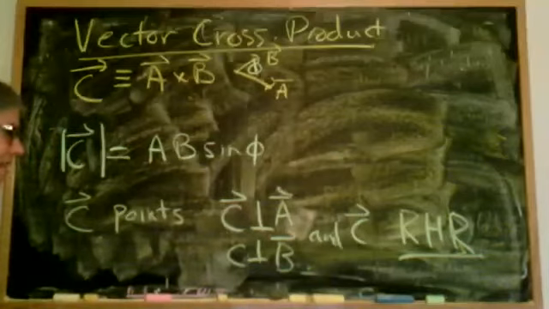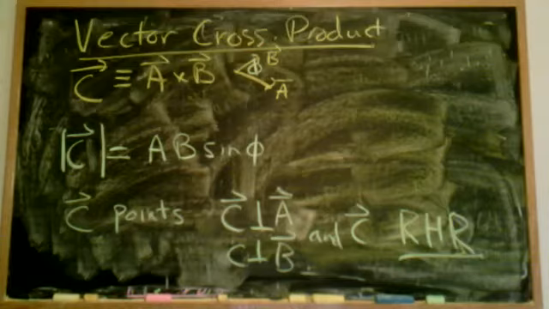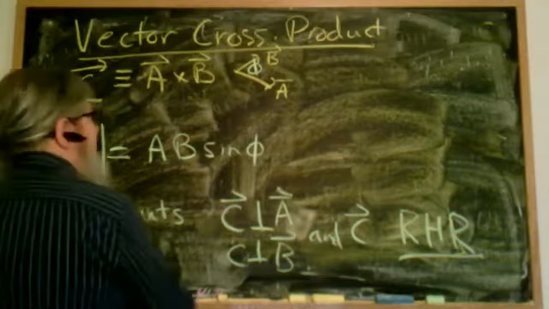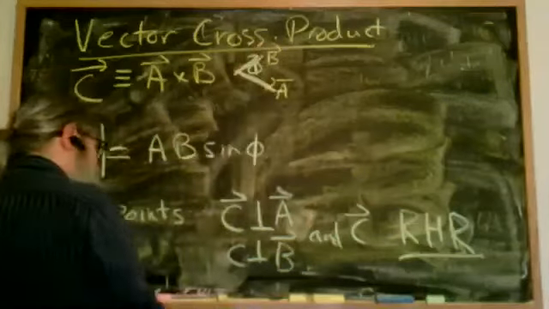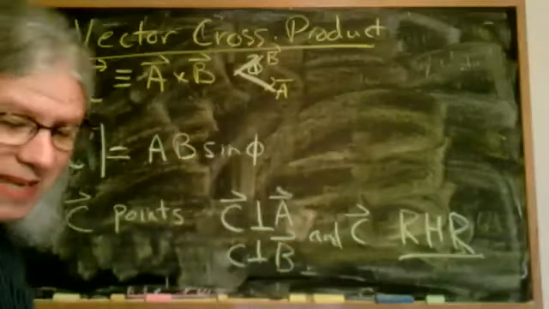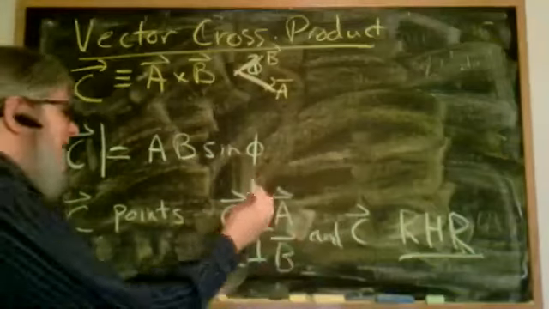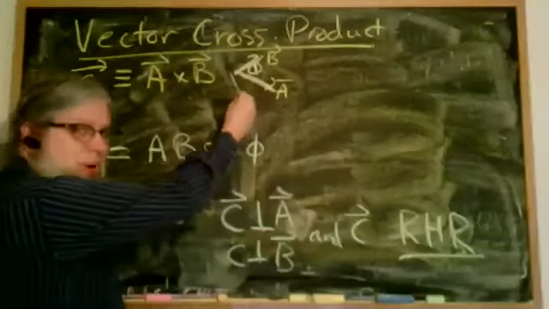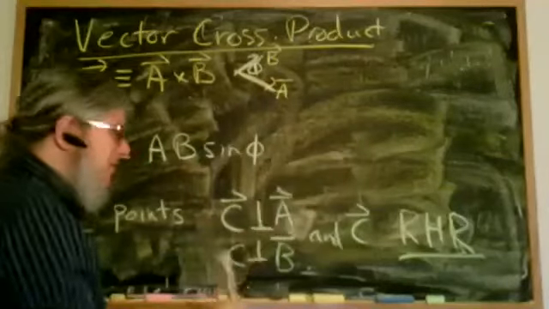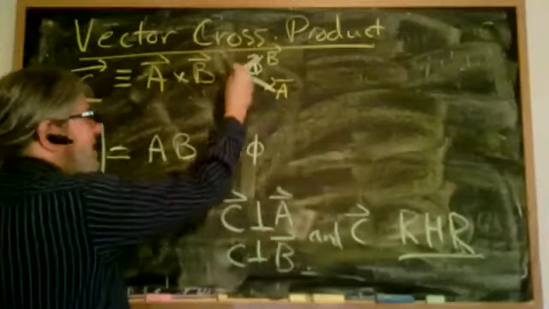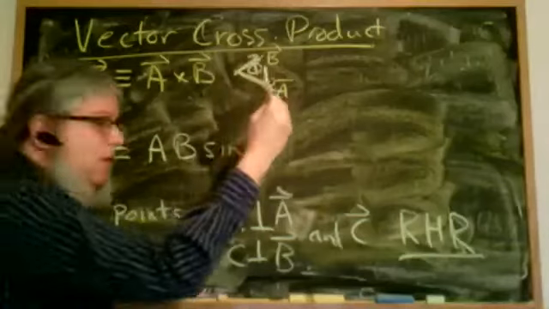So the perpendicularity basically says I've got to be off the plane that A and B make. For example, in this case, I wrote A and B both on the chalkboard. That means that the vector C, which I'm going to represent by this ruler, has to point perpendicular to the chalkboard. In other words, it's coming towards your nose. A cross B must be a vector that's pointing perpendicular to this.